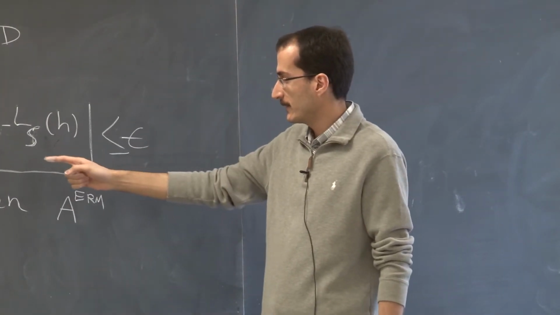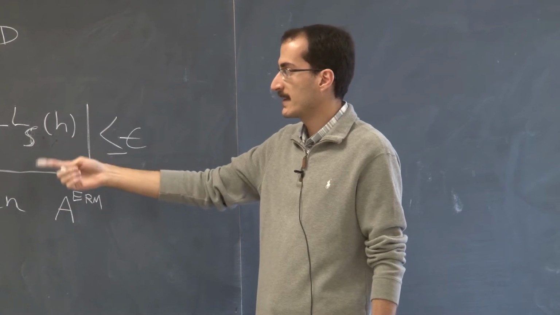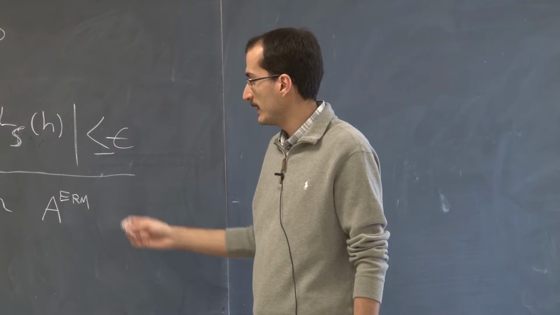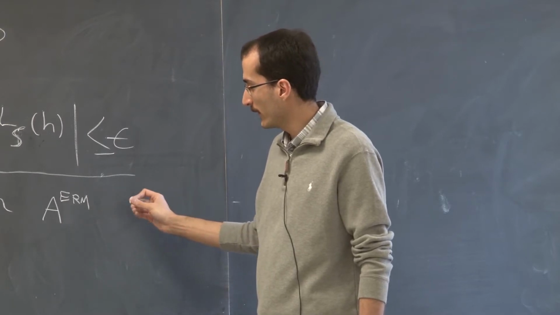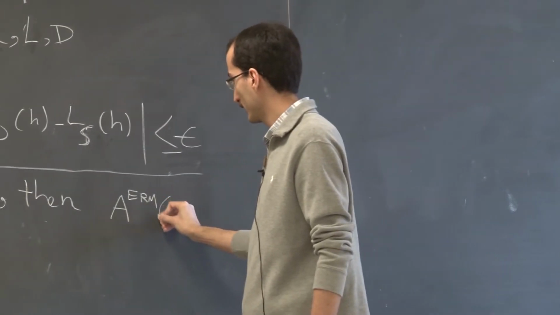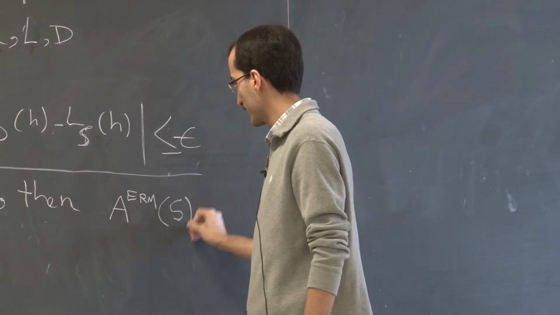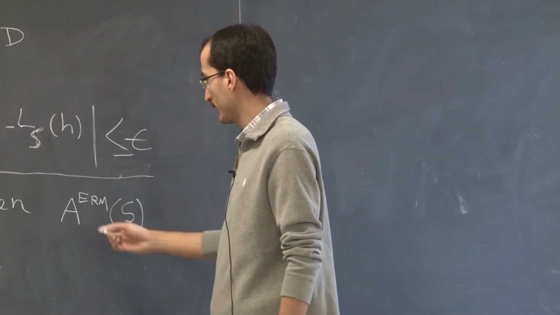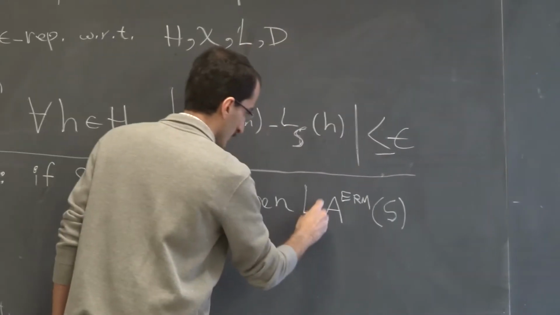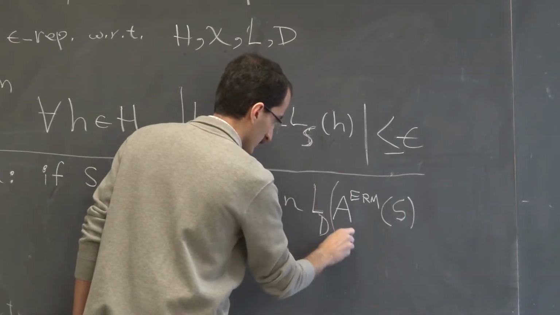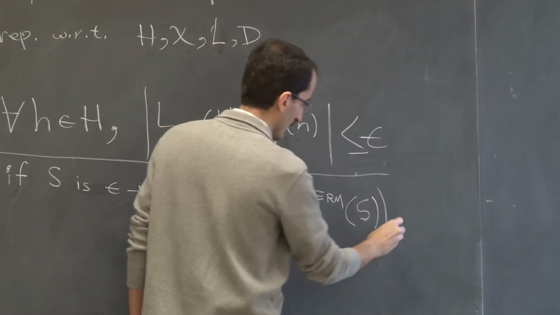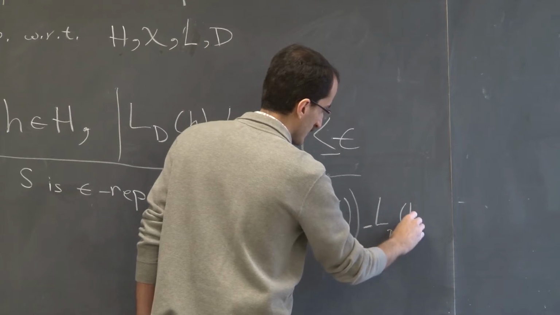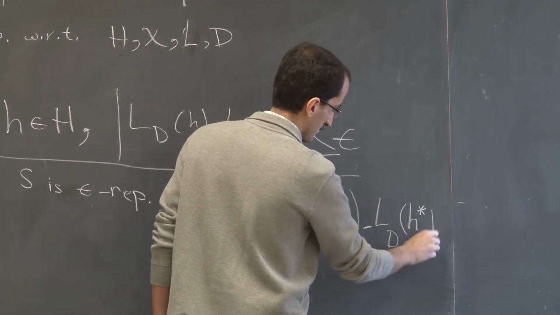So if we have an epsilon representative sample, then the ERM algorithm will work well. I mean, if we give the ERM just that sample, then the loss of this thing will be close to the loss of the best hypothesis.